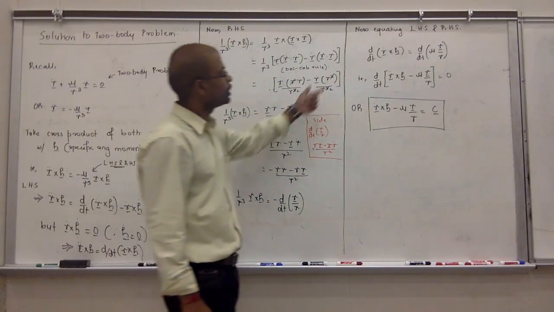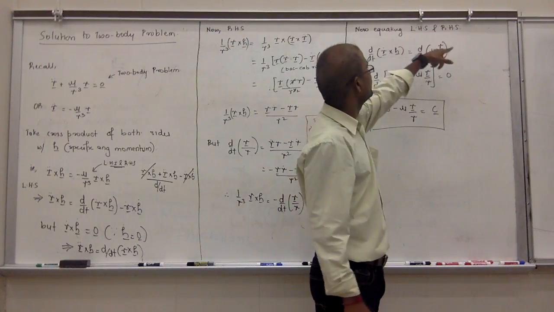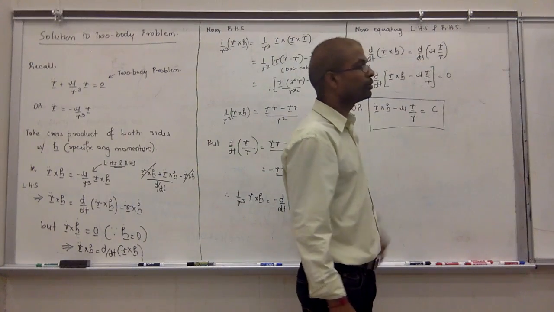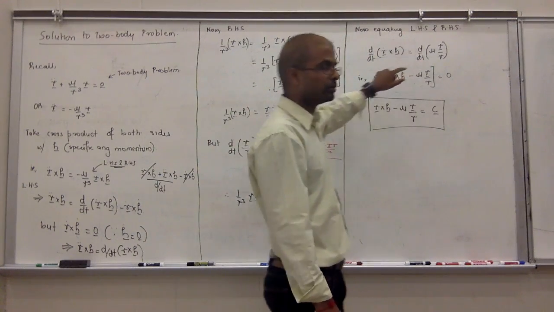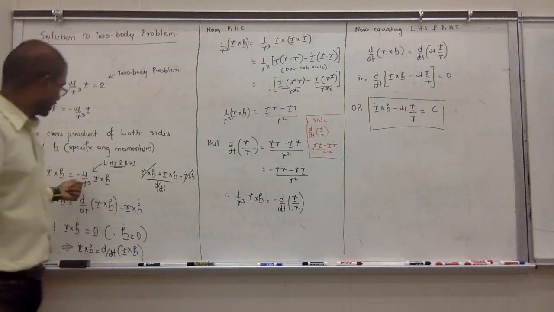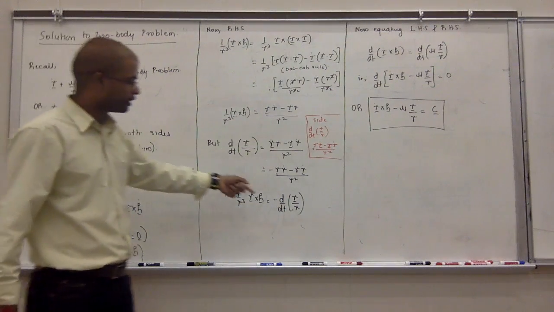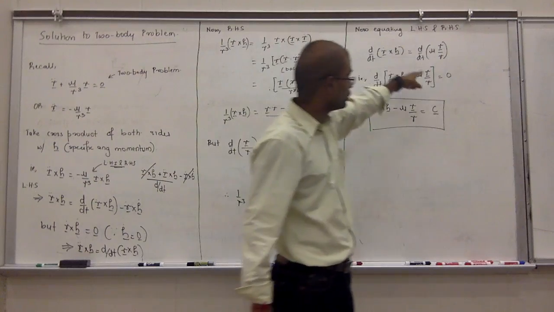Now what we do is we equate left hand side and right hand side. So left hand side is equal to, where did the negative go? This is already negative when we started. So negative, negative becomes positive. So you have mu r over r.